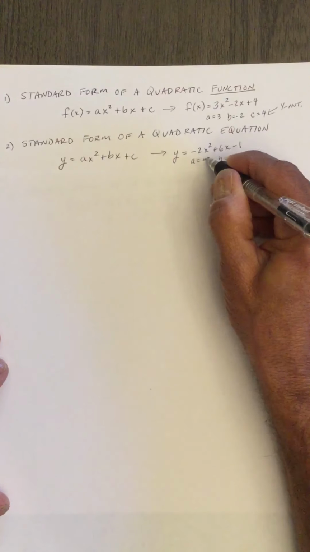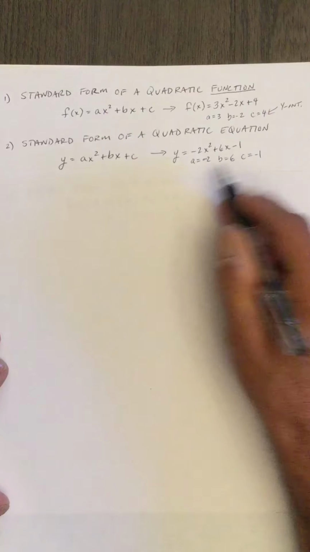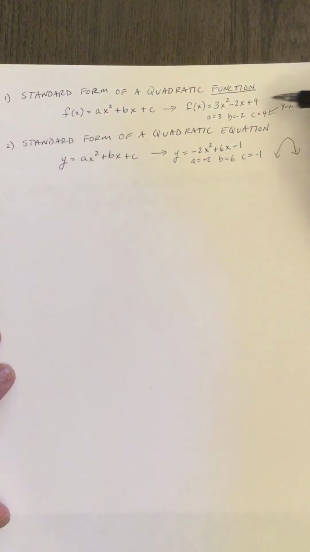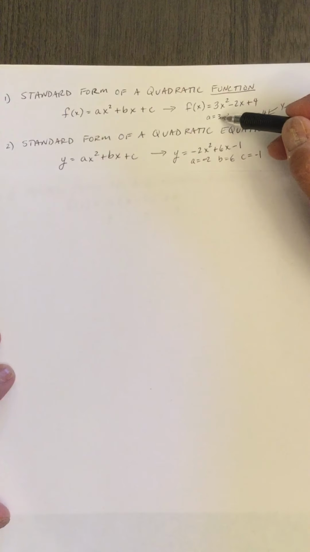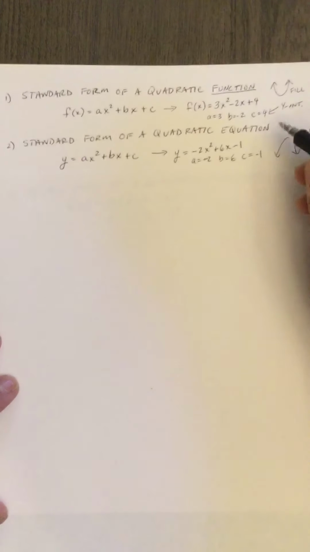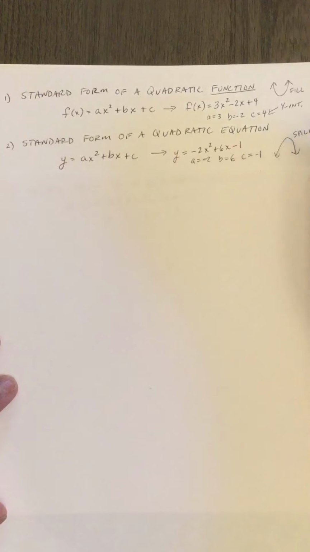A tells us that it is a spill, right? It's going this way. Why? Because that's negative. On this problem over here, my A was a 3, so this was a fill, okay? This is all review. You guys should know this, okay? And also, my C is my y-intercept, right? Okay, so just a little review.